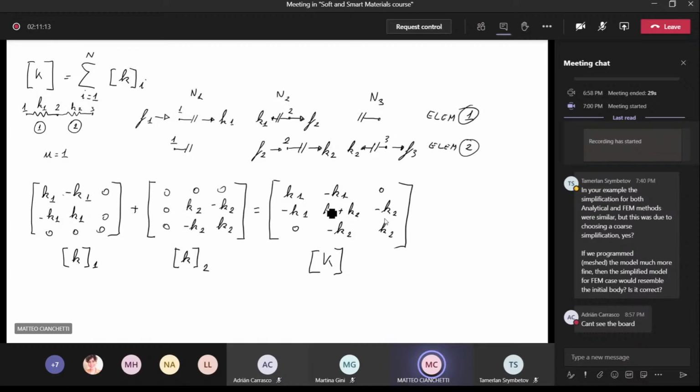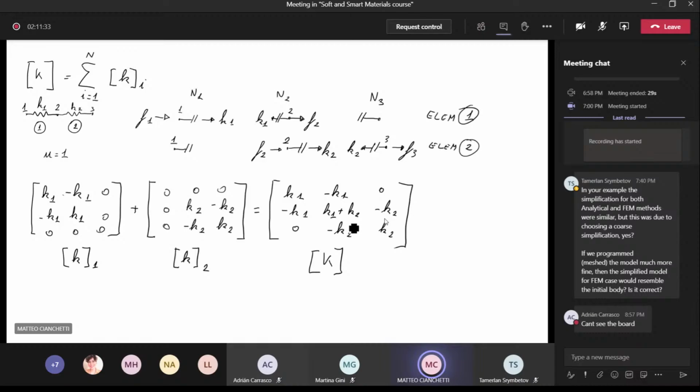Very simple. So first, you have to locate where your K are, and then if you are in the diagonal, you put it in positive. If you are out of the diagonal, you have a negative value. And you can see that here, the example is exactly following this rule. Is it clear?